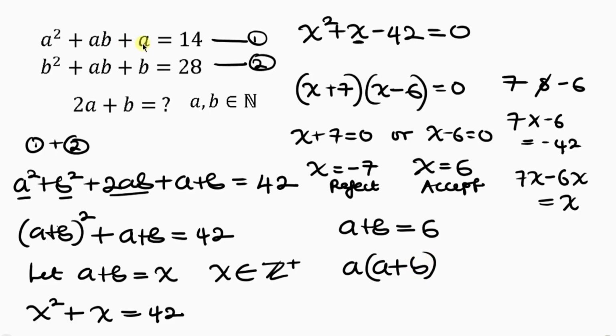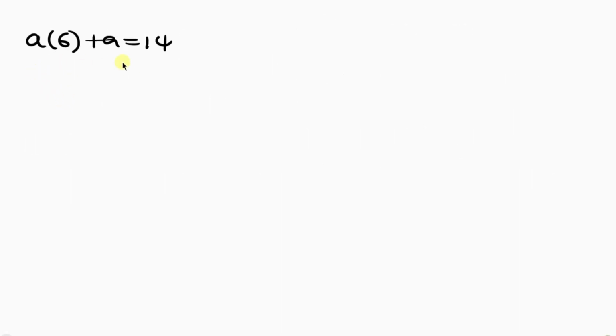And then I have plus a equal to 14. So this becomes a times a plus b, which is 6 from what we have here. So I'm going to be putting 6 here, plus a equal to 14.